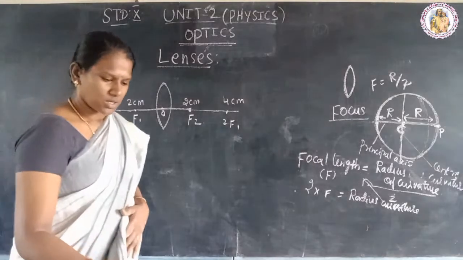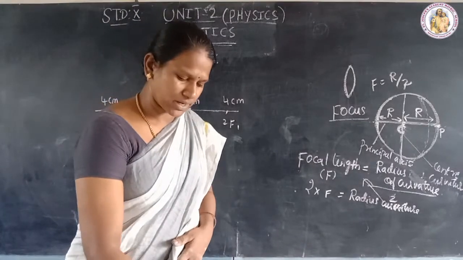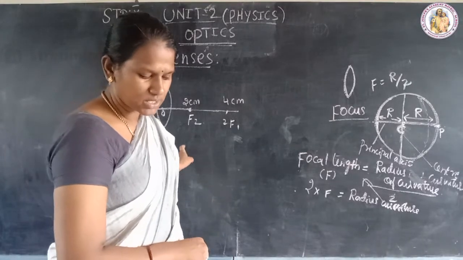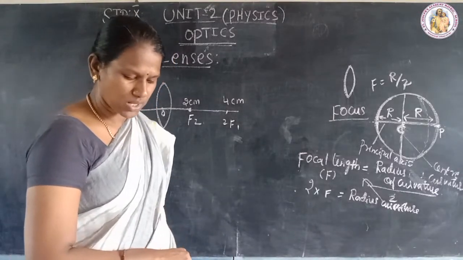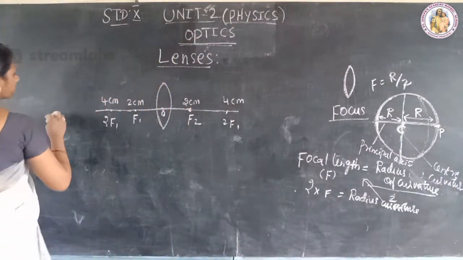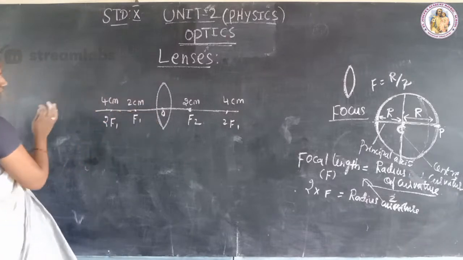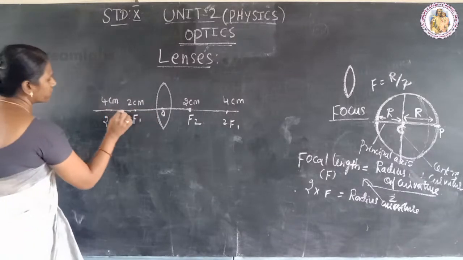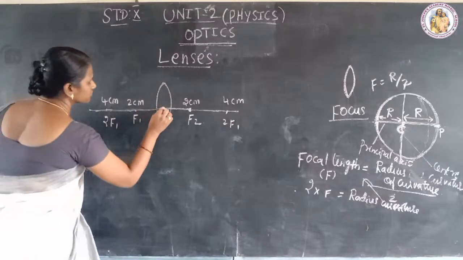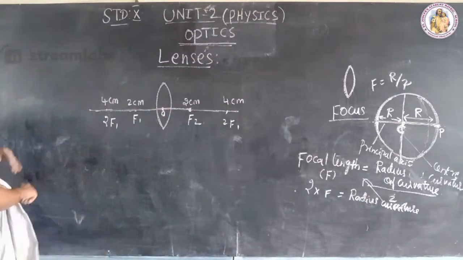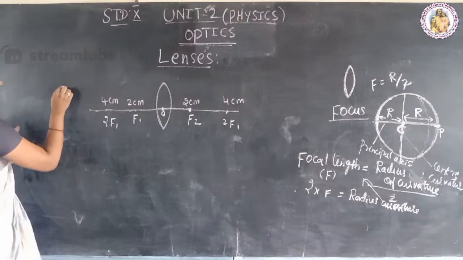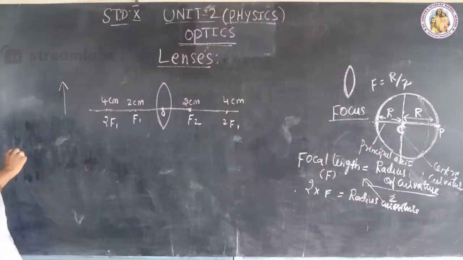Next. When an object is placed at infinity, a real image is formed at the principal focus. The size of the image is smaller than that of the object. So what happens? If the object is at infinity, that means the object is placed very far away.